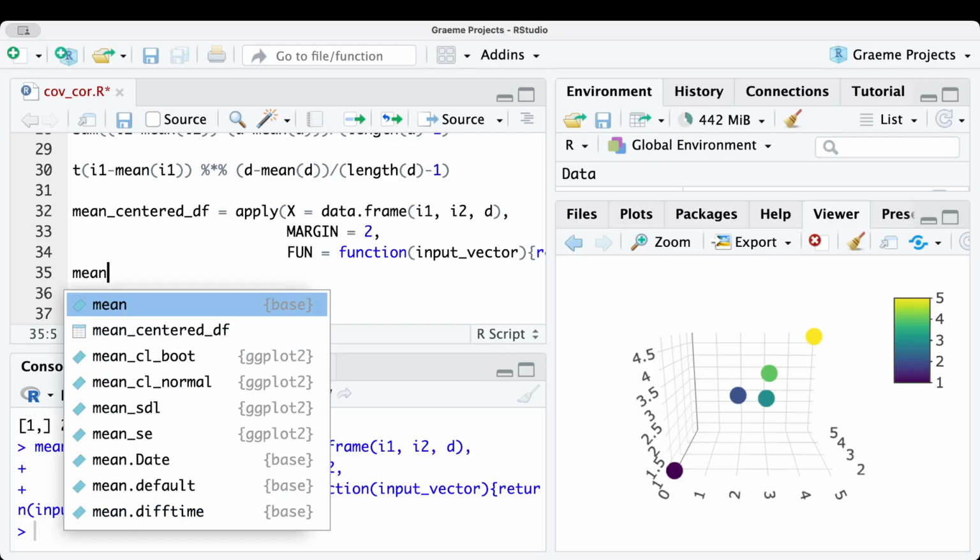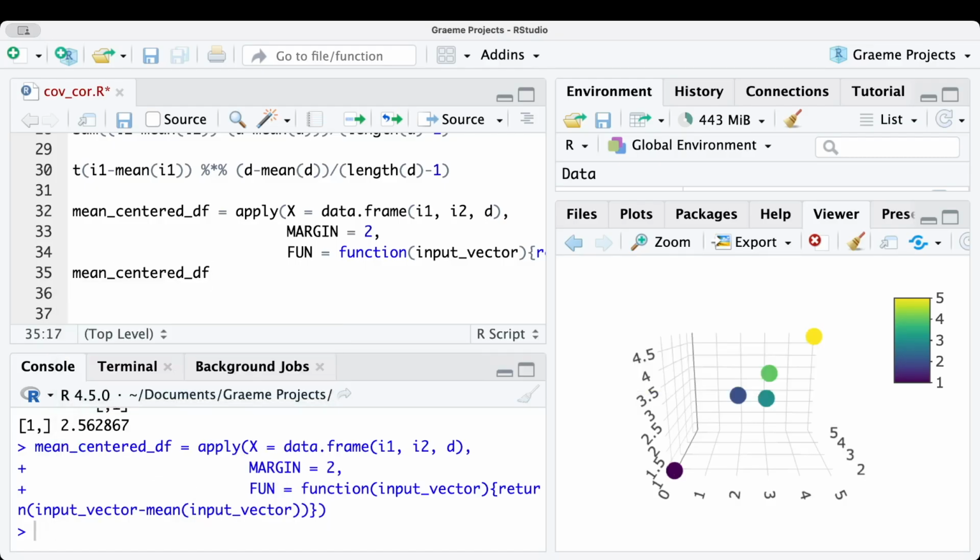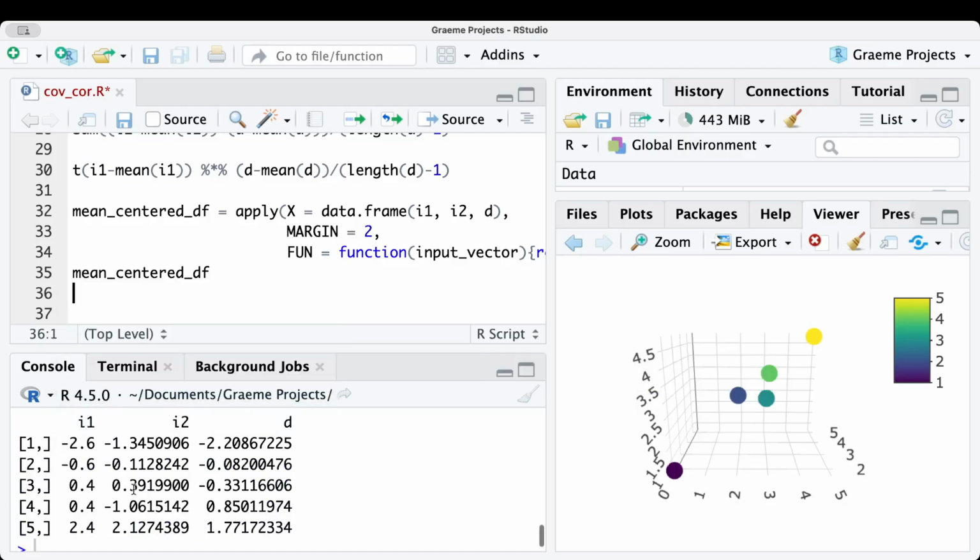And then we can look at our mean centered data here. And so down here, we see that all these middle numbers kind of look like they're around 0. That's certainly not the most accurate way of seeing that your data is mean centered, but as we can see here, we got negative values for when it's less than the mean and positive values for when it's greater than the mean, and that's what the mean centered data here means.